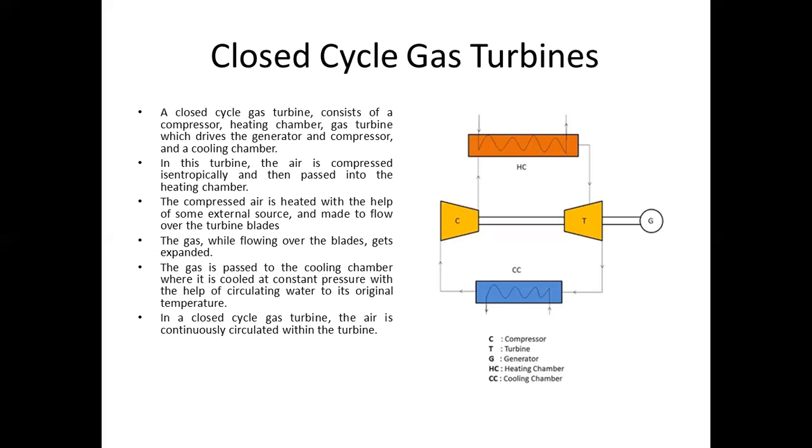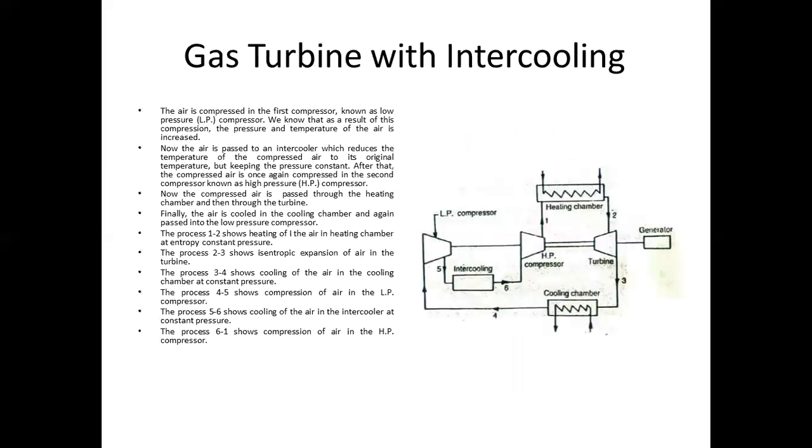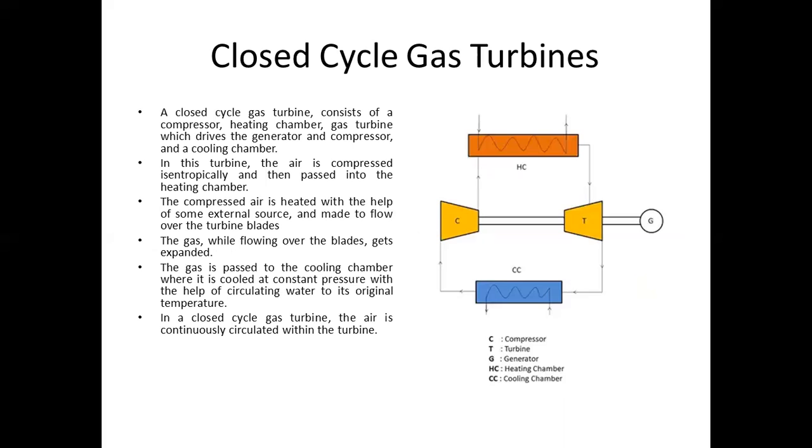Now the air is made to flow into the compressor again. It is thus obvious that in a closed cycle gas turbine, the air is continuously circulated within the turbine. A closed cycle gas turbine works on Joule's or Brayton cycle.